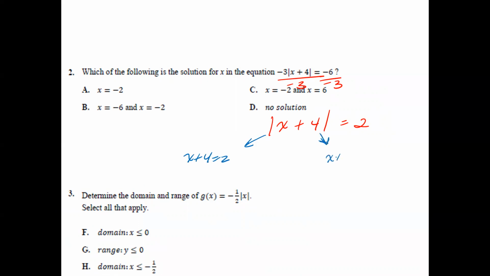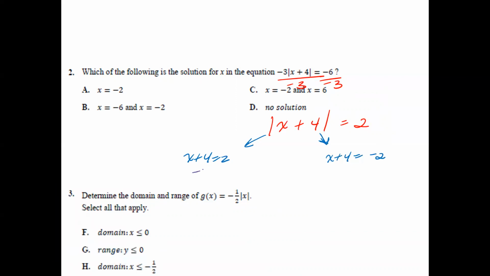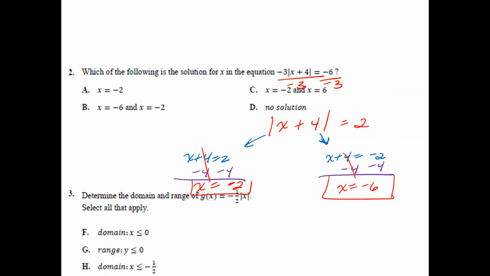Your second equation is x plus 4 equals -2. You know the opposite of +4 is -4. When I solve for this, my first answer is -2 and my second answer is -6. So the only one that meets that criteria is B as in boy.